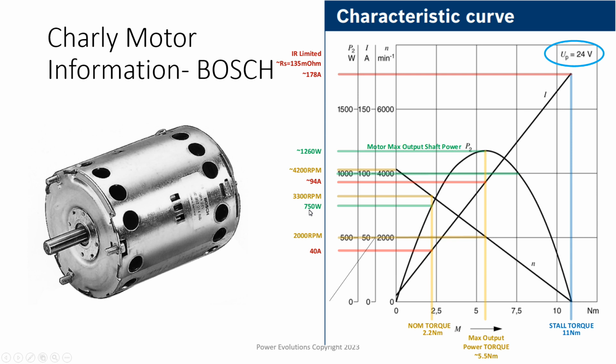You'll notice that the nominal ratings they give you, the 750 watts, correspond to the 40 amps on the current versus torque curve, and also the nominal torque of 2.2. All that is how you would determine where you want to be on the curves. You can then get the other parameters very easily. An interesting thing is the stall torque.